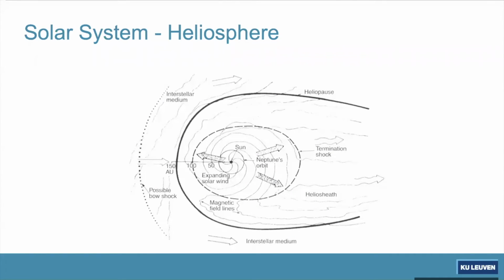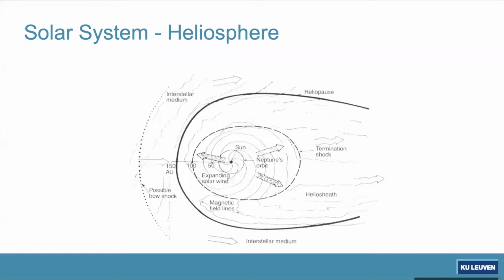So this is the overall picture of the solar system, where the region inside the termination shock is a region where the solar wind is supersonic. And then you have the heliopause, where the magnetic field, the plasma of the sun kind of stops, and it meets with the solar wind coming out of other stars.